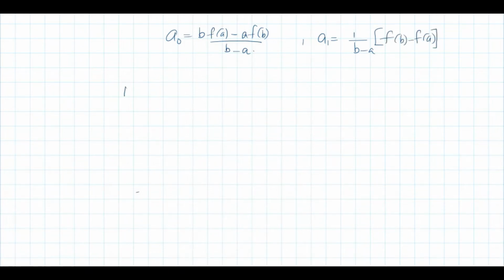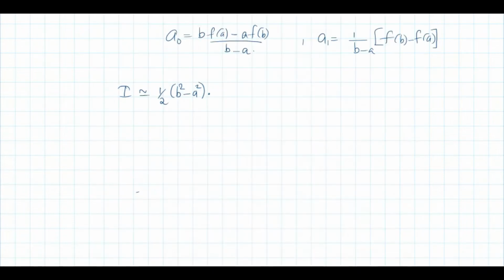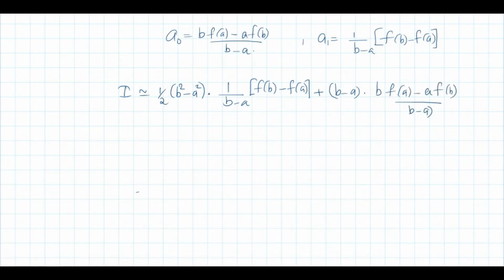The required integral I is approximately half into (b square minus a square) into a1, where a1 is 1 by (b minus a) into (f(b) minus f(a)), plus a0 into (b minus a). So (b minus a) into a0 is (b f(a) minus a f(b)) divided by (b minus a), and this b minus a and this b minus a get cancelled. b square minus a square is (b minus a) into (b plus a), so one of the (b minus a) factors will cancel.